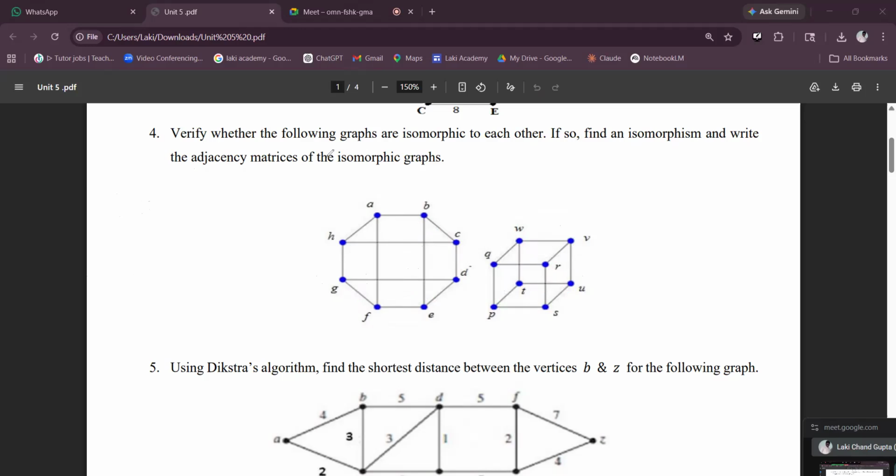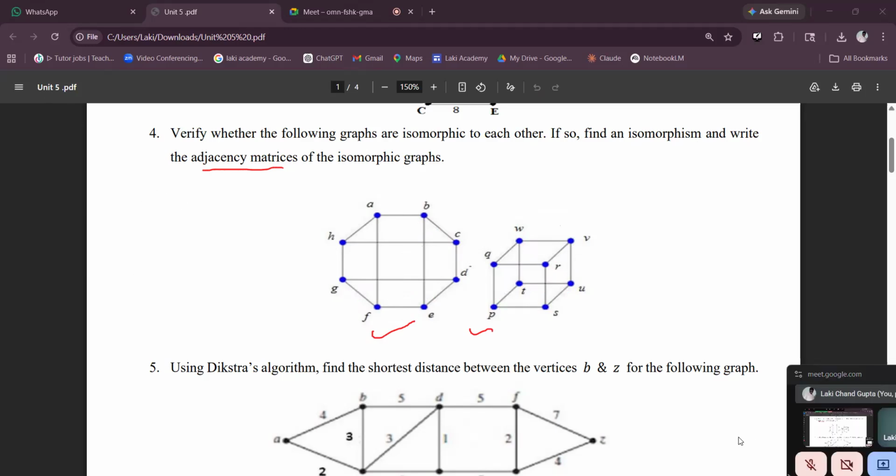First draw the adjacency matrix for both graphs and check whether they are the same or not. Here you can see the degree of each vertex is 3. And in this graph, the degree of each vertex is 3.